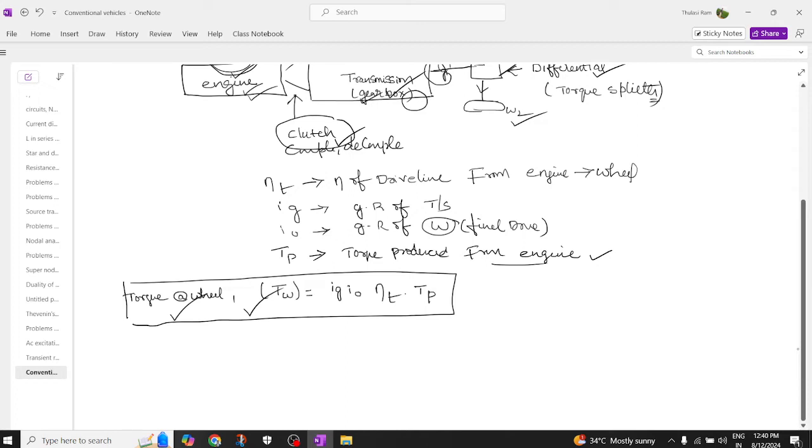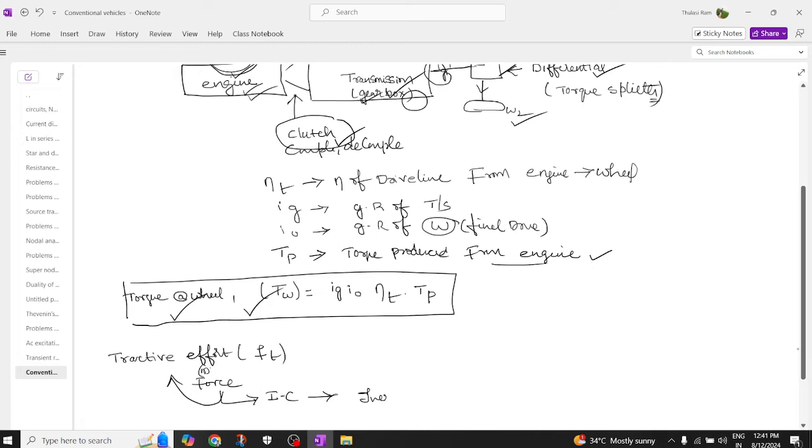Next one, we need to find out the tractive force. Okay, so tractive force, this is very very important, or generally we call this a tractive effort, which is represented as FD. So this is nothing but the tractive effort or tractive force. This is the force required by the IC engine to propel it from inertia.